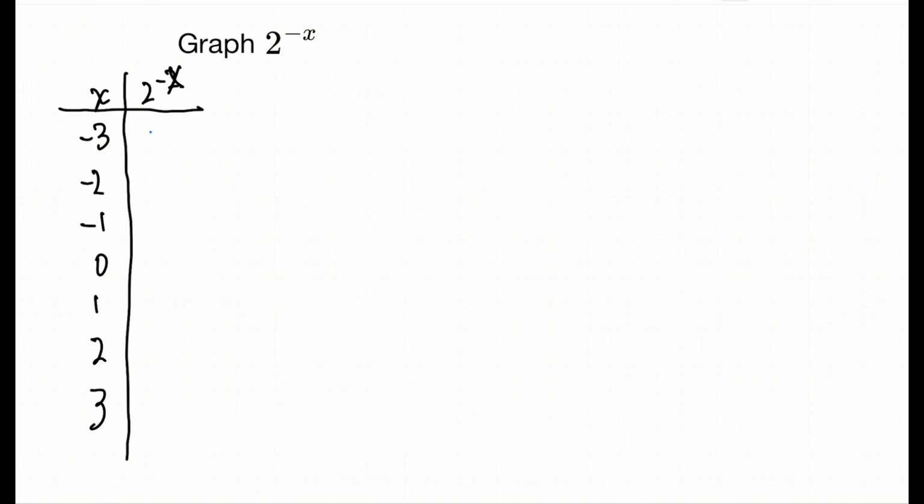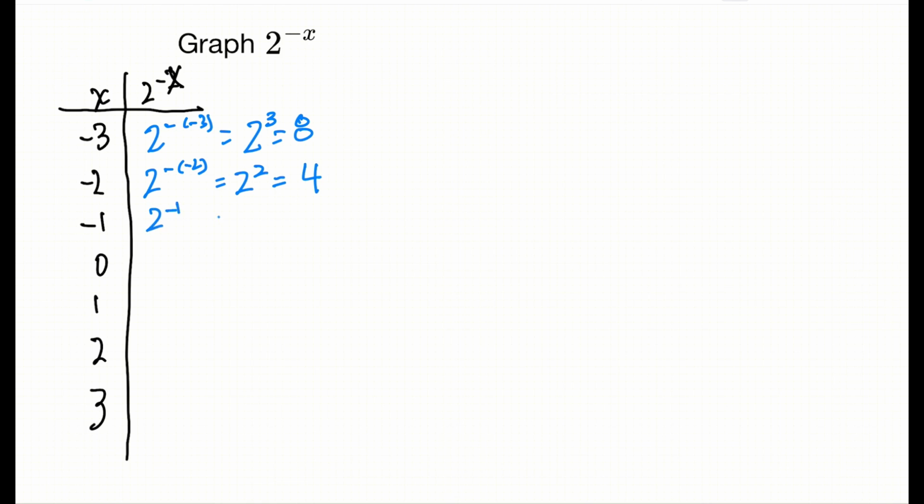So 2 to the minus minus 3 is just going to be equal to 8. So that's going to be 2 to the third power, which is 2 times 2 times 2, which is 8. 2 to the minus minus 2 is 2 squared, because the minuses cancel each other out, so we get 4.